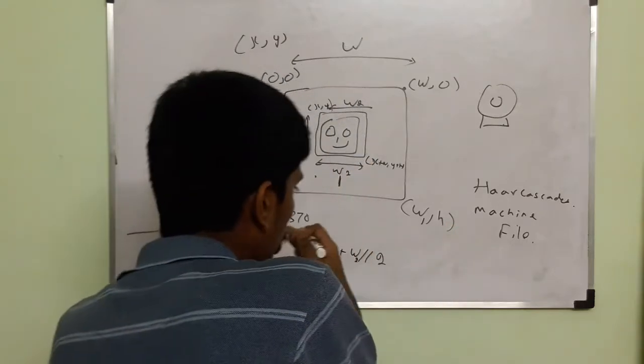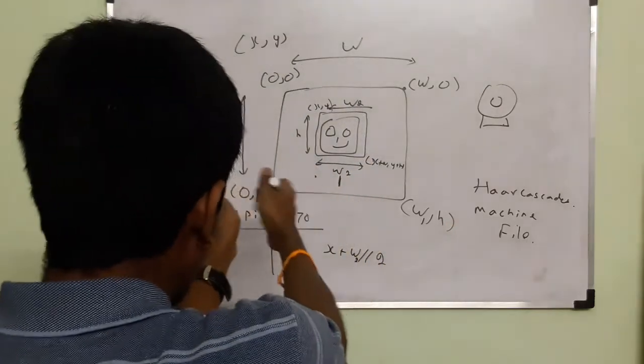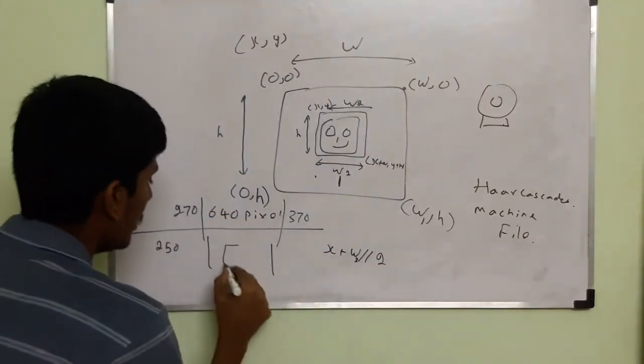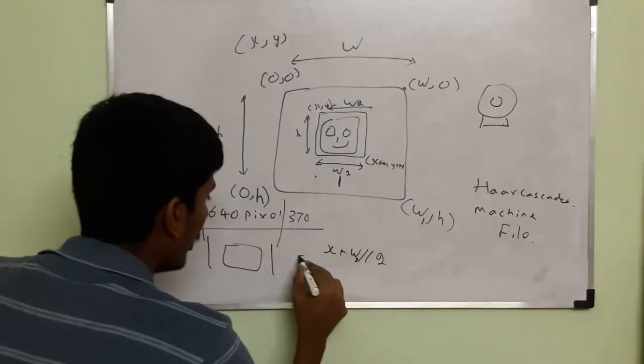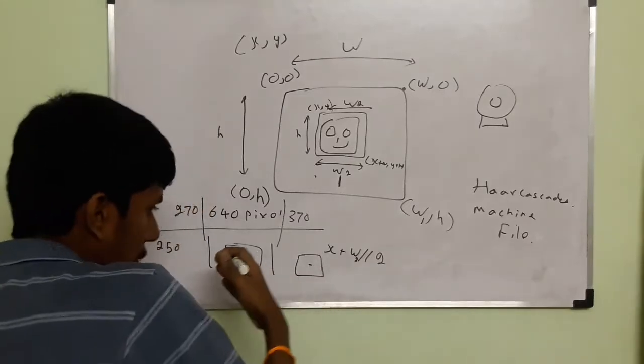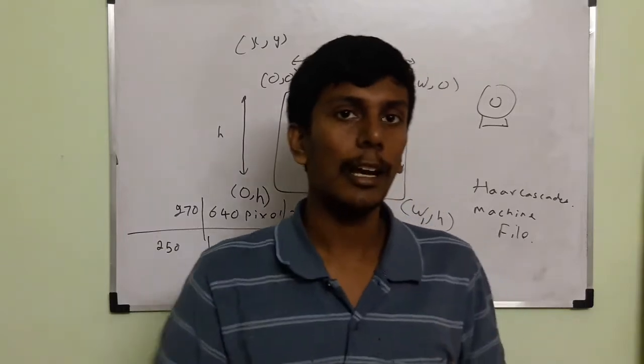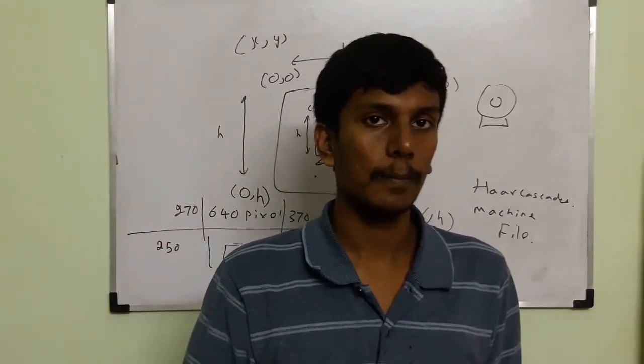So our camera should rotate like this, so that the face center appears in this region. So if our face is in this place, the camera should turn in this way so that our face appears in this region. So that's what we will be doing. So let's see how we do that.